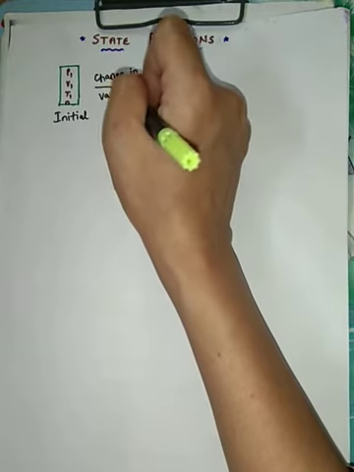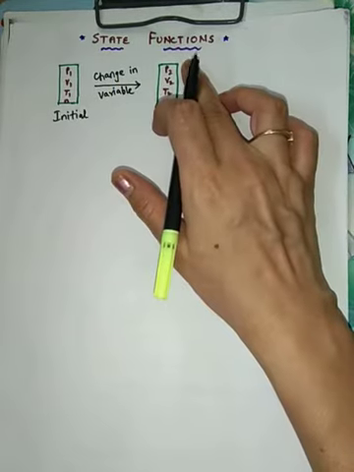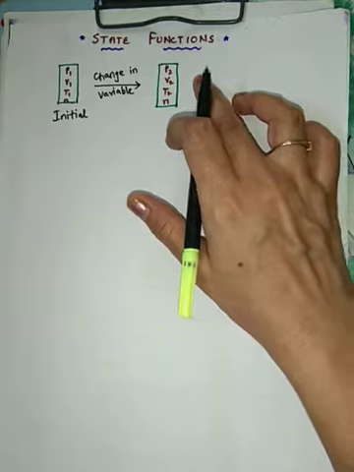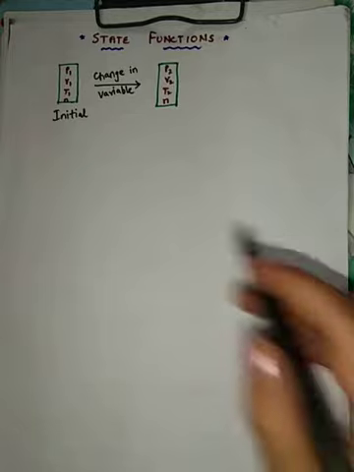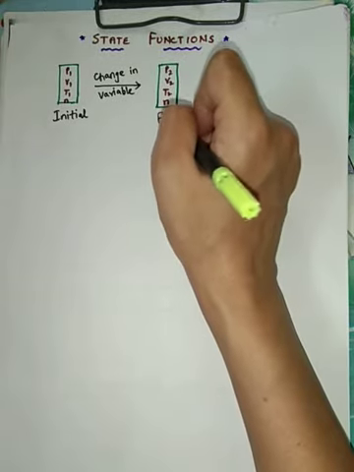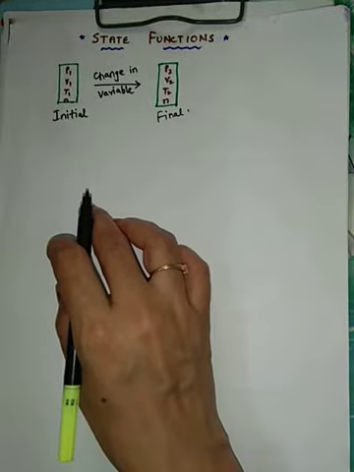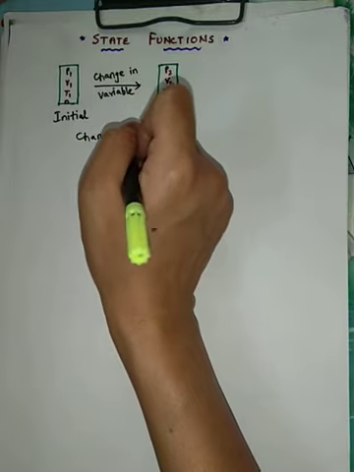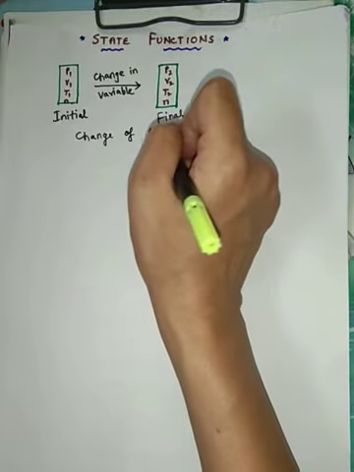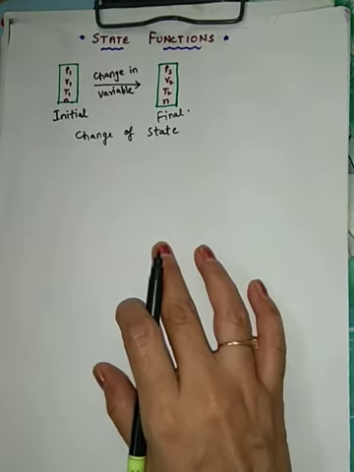If pressure changes to P2, volume becomes V2, temperature becomes T2, but the number of moles, meaning the amount of matter, remains the same, then we will call this the final state, and this particular process is called change of state. This is called the initial state and this is called the final state.